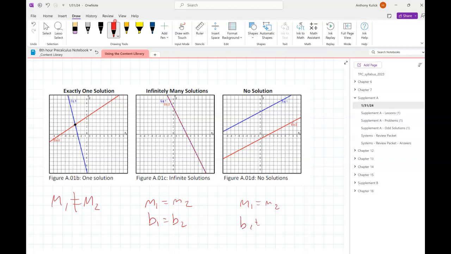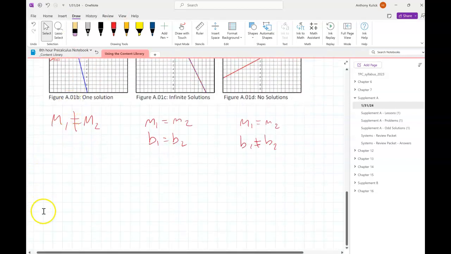So the y-intercepts have to be different, right? Like this y-intercept is 1, and that one looks like it's 6. So just by looking at my equations, I should be able to tell whether I have one solution, infinitely many solutions, or no solution. Does that feel okay?